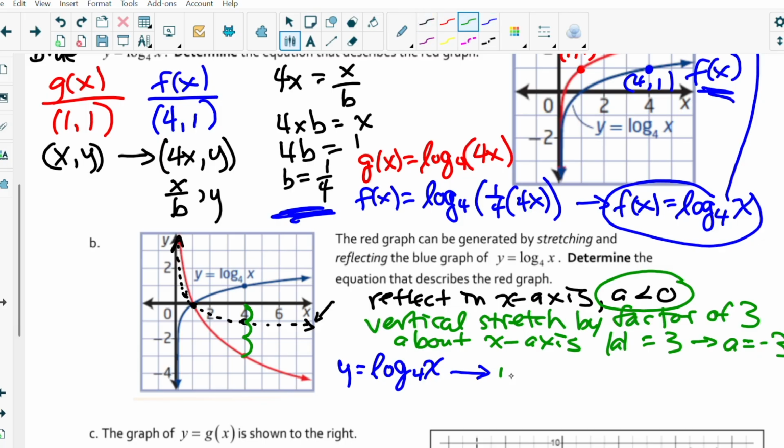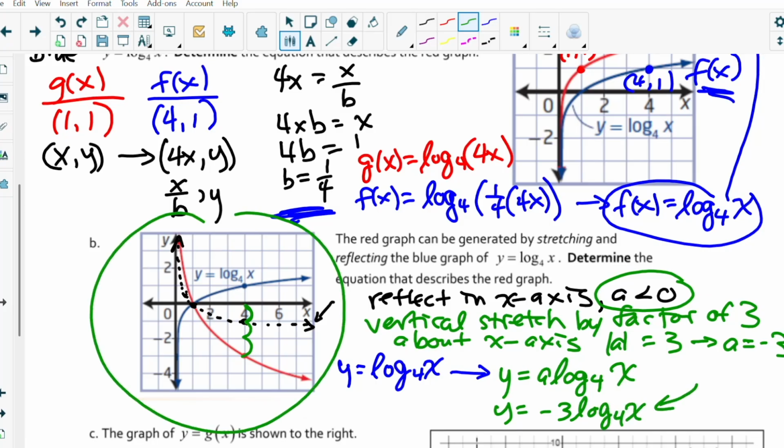That is y equals a log base 4 of x. Well, the only thing we're doing is reflecting and vertically stretching it, so y equals negative 3 log base 4 of x. Graph this and check that it matches.